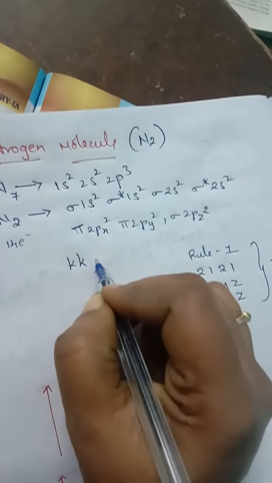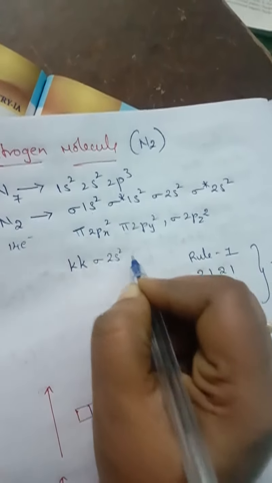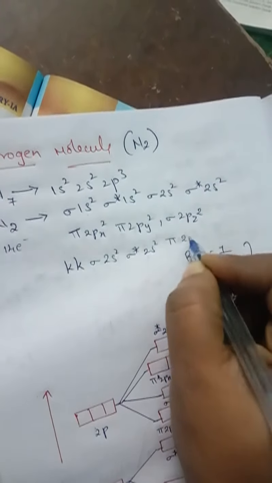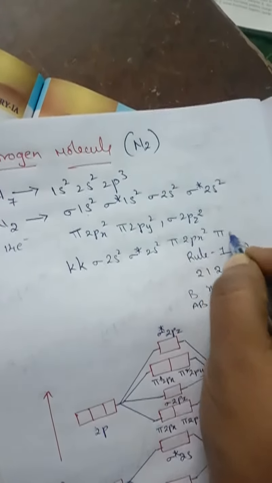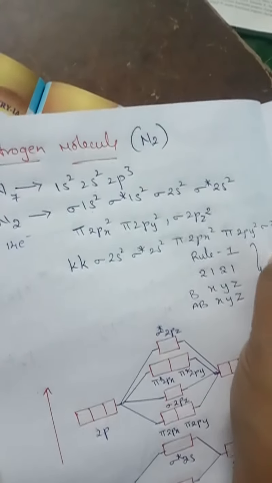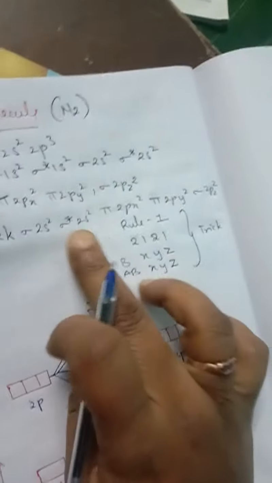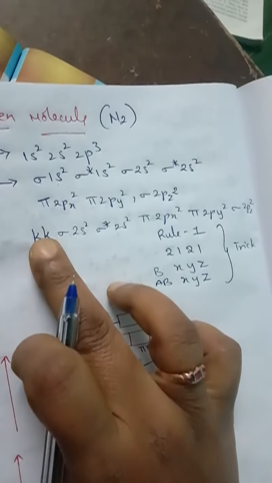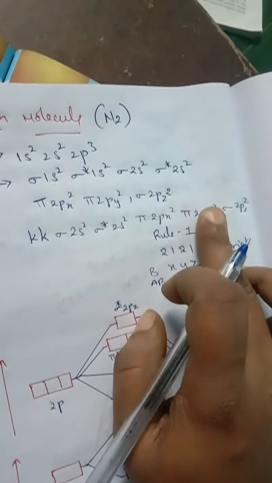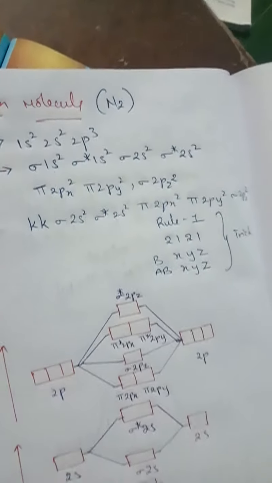From here again you start sigma 2s2, sigma star 2s2, pi 2px2, pi 2py2, sigma 2pz2. So you can write like this. Here 2 plus 2 is 4, 6, 8, 10, 11, 12, 13, 14 electrons are completed.